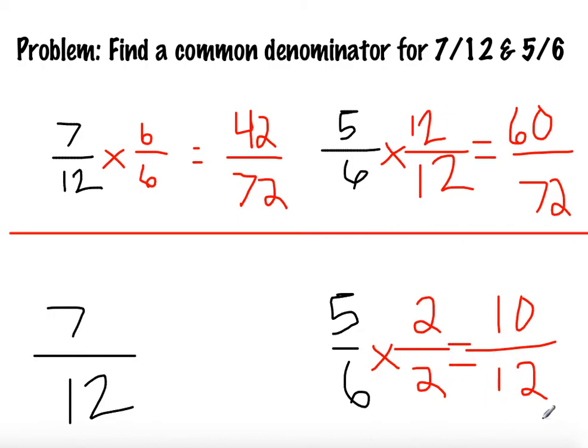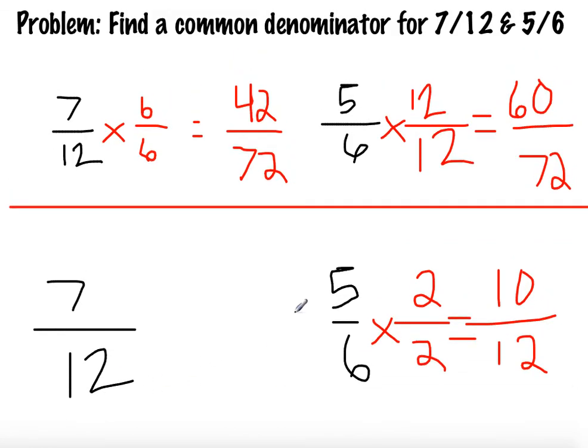And you can see that my denominator is the same as this denominator. So now I'm able to add these two fractions. And I don't have to do anything with this fraction now because the 12 and the 12 match up. I have common denominators. So some might argue that the first way is easier because you don't have to think of a factor, but you do end up with a bigger number.